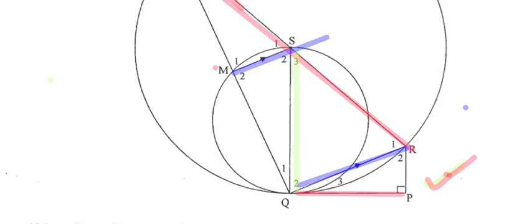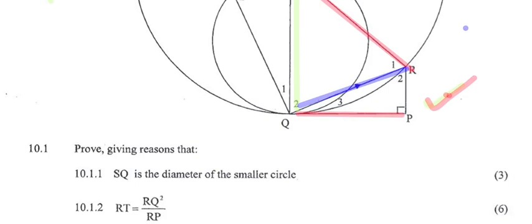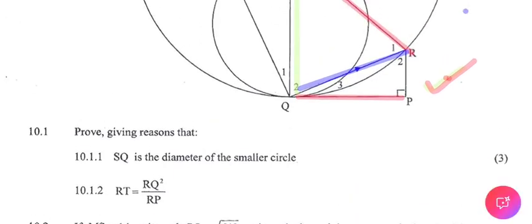These blue colors which I highlighted show MS parallel to QR. This is the information of the sketch. The question says prove, giving reasons, that SQ is the diameter of the smaller circle. All of these questions I will show you how to solve one by one.